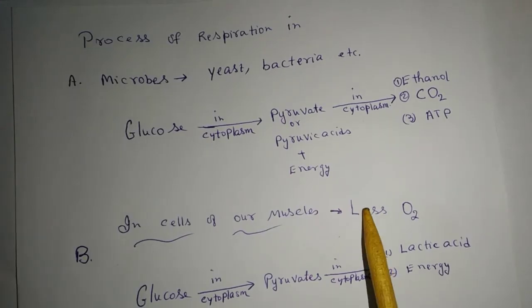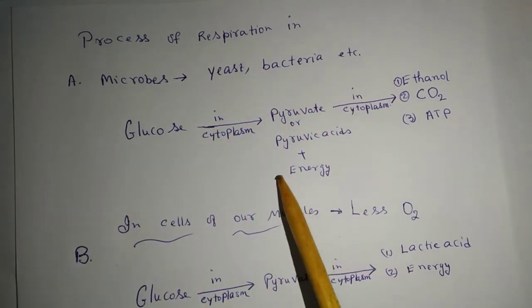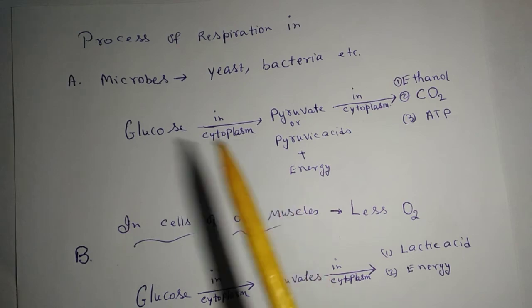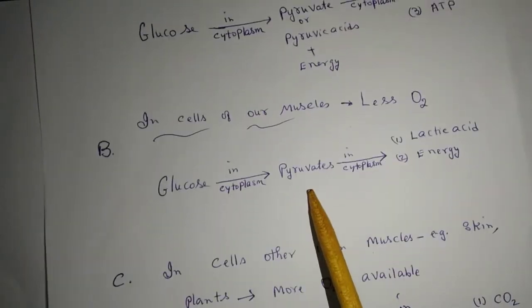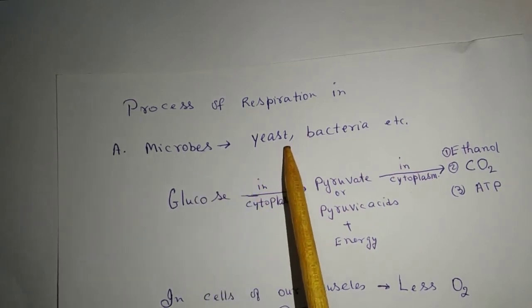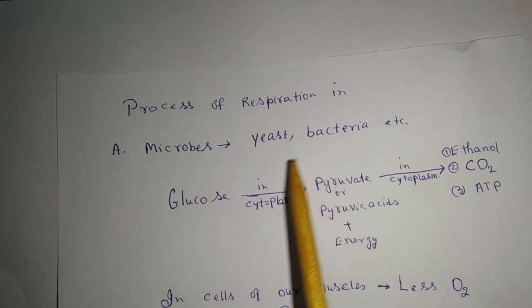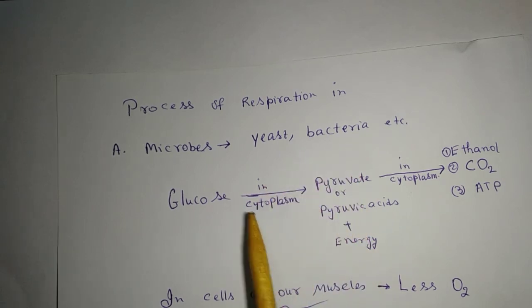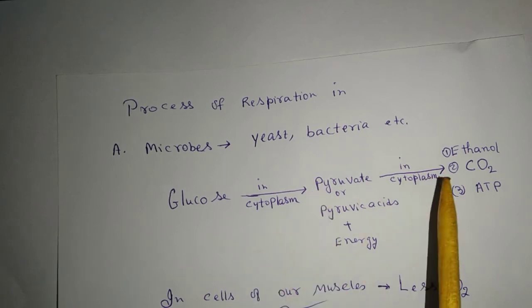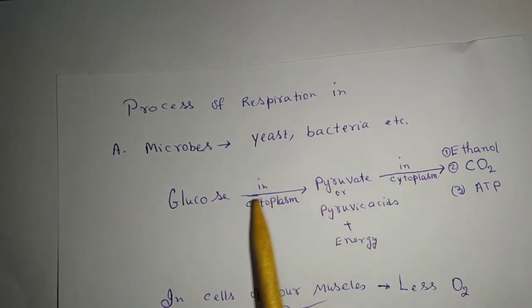Respiration reactions, or processes of respiration, are different in different organisms and in different types of cells. In microorganisms like yeast and bacteria, the process of respiration takes place inside the cytoplasm only.